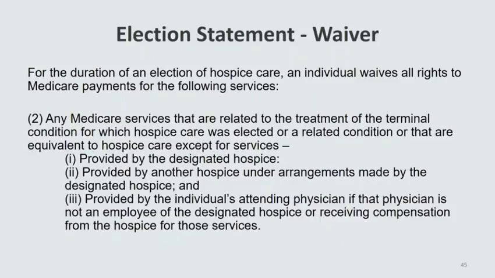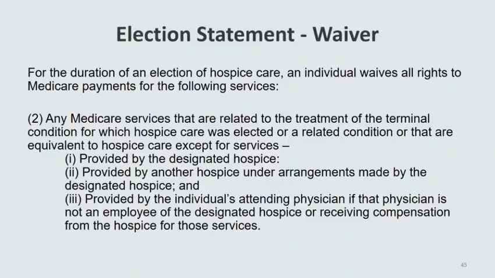Now, another hospice can provide services to that patient if you designate that, if you contract with that other hospice to do so. And there's certain requirements governing when that might occur.